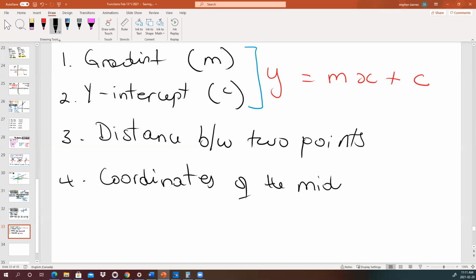All right, so you have worked out gradient already. I gave you time to work out gradient for your graphs and your y-intercepts. I'm going to have you choose just 2 random points on all of your graphs and work out the distance between those 2 points and the coordinates of the midpoint.